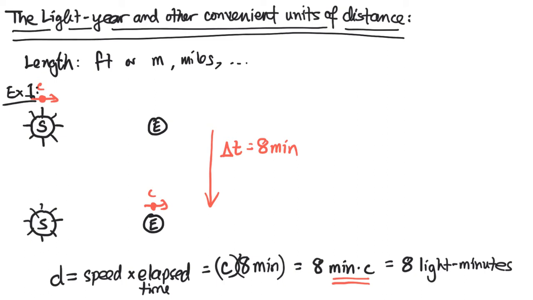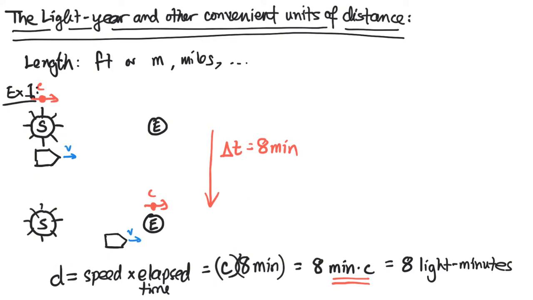So for example, instead of having a photon make this journey, let's say we were in a rocket ship making this journey. We might start our journey here. Sometime later we won't quite have made it from the sun to the earth because light is traveling faster than our ship.